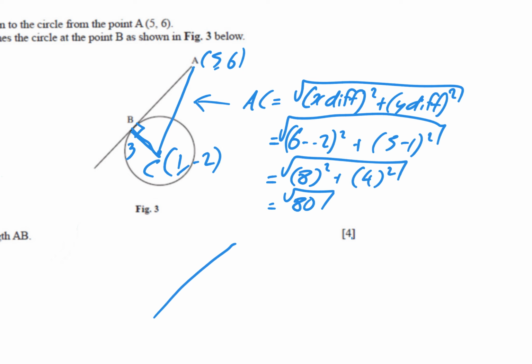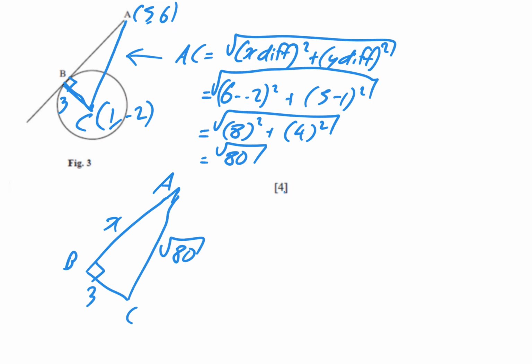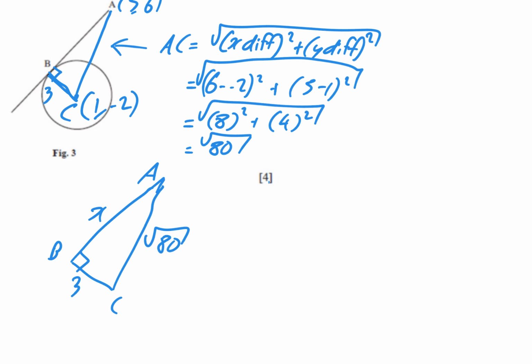Let's just draw a wee diagram again. You've got your B, your A, and that was 3, your radius. That was your C. You've now worked out your AC is root 80. That's the right angle there. So root 80 is your hypotenuse. I'll call this x. This is what I really want to find in this question. So we just say root of 80, all squared, you can see why I've left it in surd form, is equal to x squared plus 3 squared.